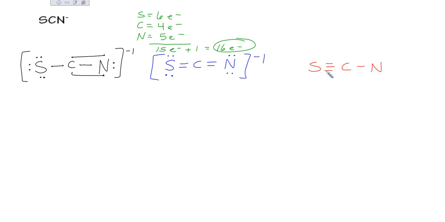Sulfur's got 2, 4, 6. There's your 8. And then nitrogen would need 6 more. That's interesting. Let's say we just did the opposite of that first structure. We put the triple bond on the sulfur. 2, 4, 6, 8, 10, 12, 14, yeah, 16. -1 charge.